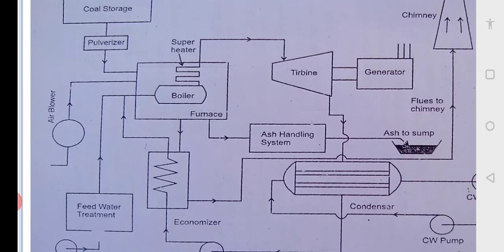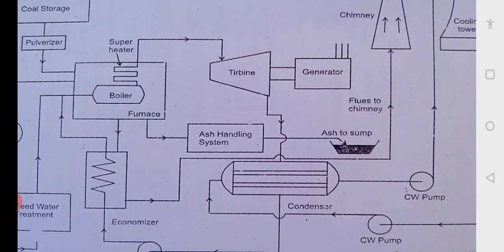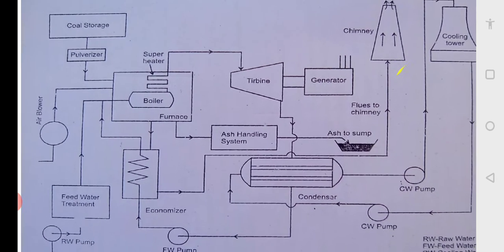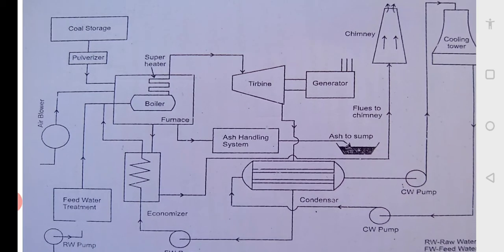So after burning of this coal, you can see at the furnace bottom there is an ash handling system, and there is an ash sump. So a lot of ash is generated. As I was telling, 20 to 40% of coal consists of ash. So that ash is disposed. And before the flue gas goes to the chimney, you can see there are big devices like bag filters to remove the ash.